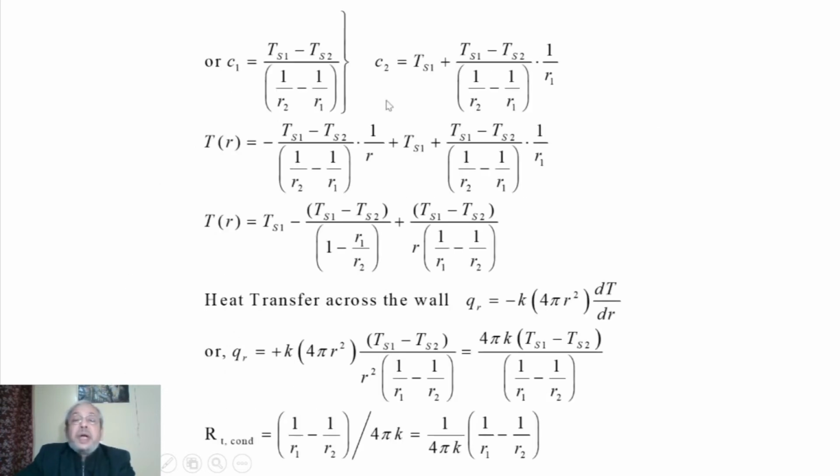So C2 becomes TS1 plus TS1 minus TS2 divided by 1 by R2 minus 1 by R1 into 1 by R1. So now we can get the temperature distribution.